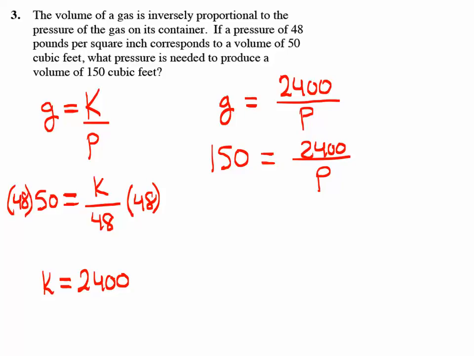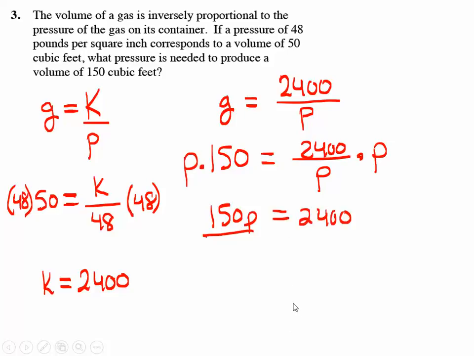Cool. All right. So in this case, probably, let's see, multiply by p both sides. So 150p is equal to 2400, divide by 150. And again, using a calculator if you need to here, or you can chop off the zeros here and see how many times 15 goes into 240. But I got myself 16.